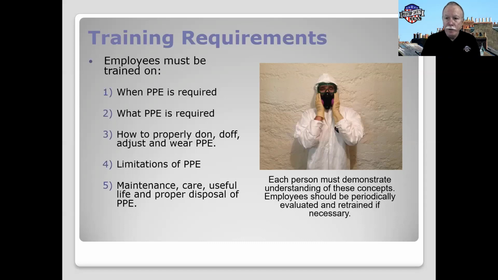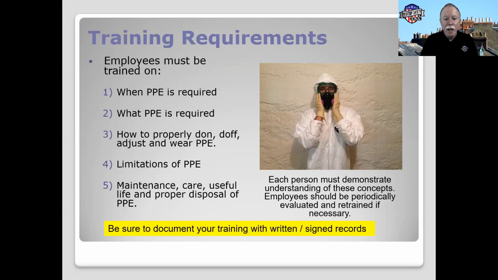That's that 50-page little booklet that comes with your respirator that nobody ever reads, but it's a great source of training information. So be sure to document your training with written and signed records. In OSHA's view, if it isn't documented, it probably didn't happen. So it's important to document any type of safety training and have your employees sign it.